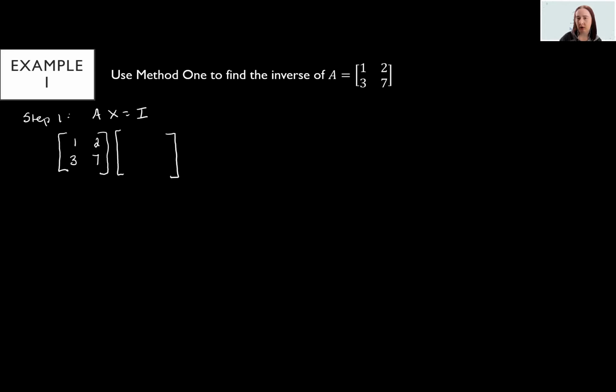So our book uses x11, x12, x21, and x22, which I think can be very confusing because you've got all these subscripts.